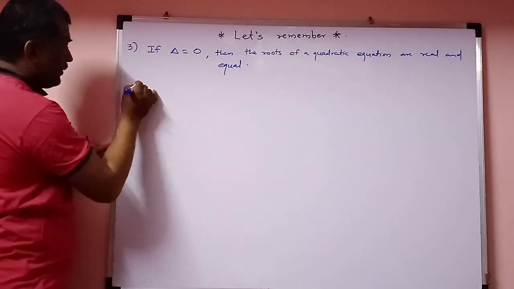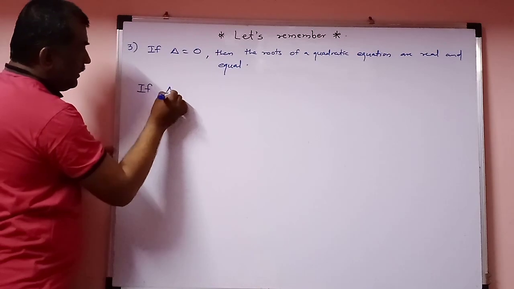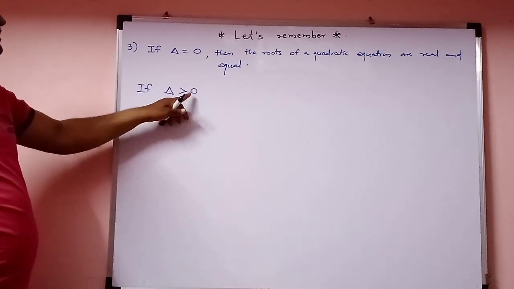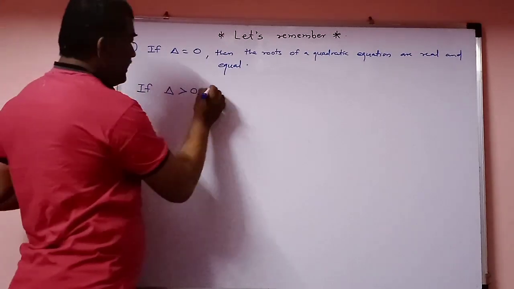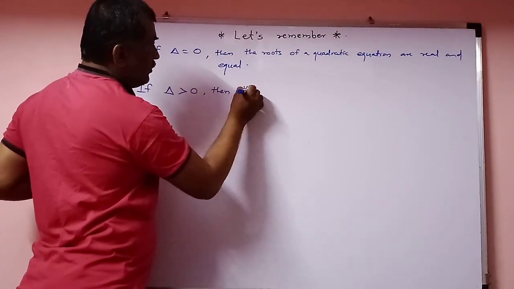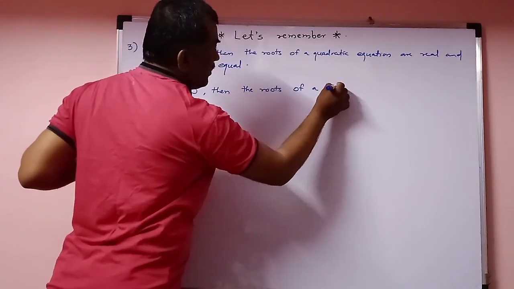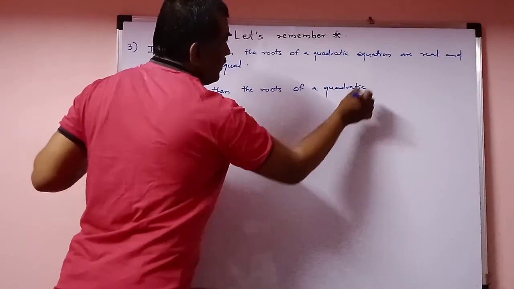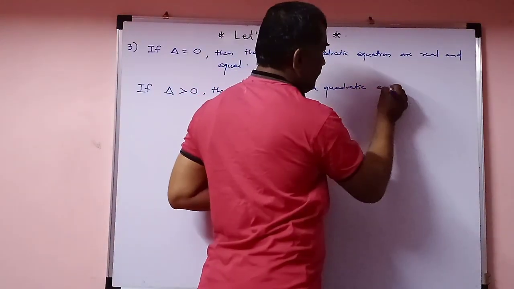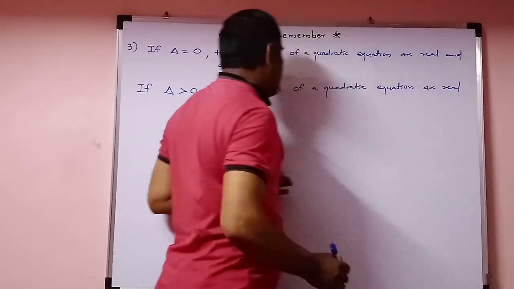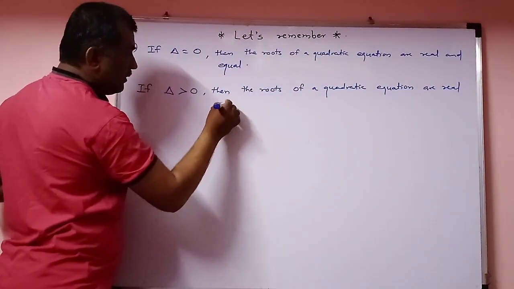Then if delta is greater than 0, means b square minus 4ac is greater than 0, then the roots of a quadratic equation are real and unequal.